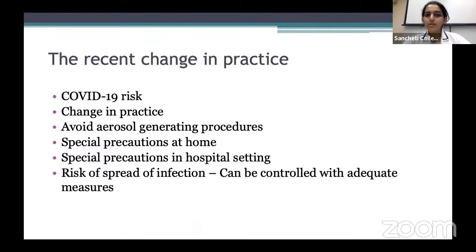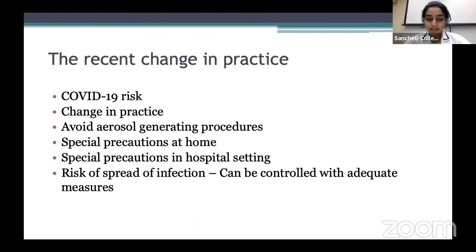There are certain special precautions to be taken, whether you are nebulizing a medication in a home setting or in a hospital setting. When it comes to a home setting, what kind of care can you take? Of course, you have to have good nebulizer hygiene. Make sure that your devices are regularly cleaned. They have to be cleaned and dried in the sun, preferably, and then used.